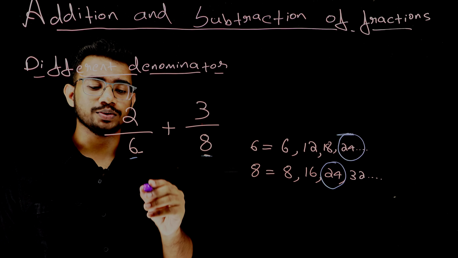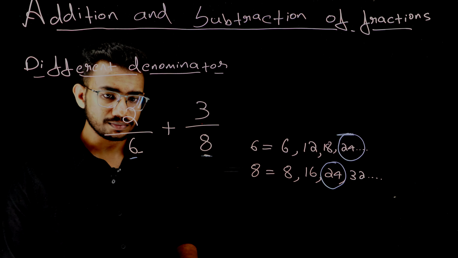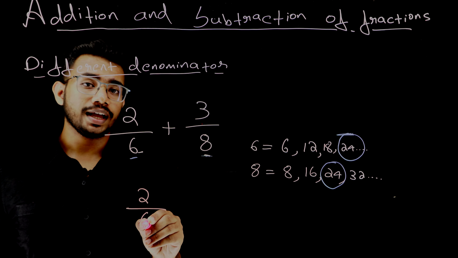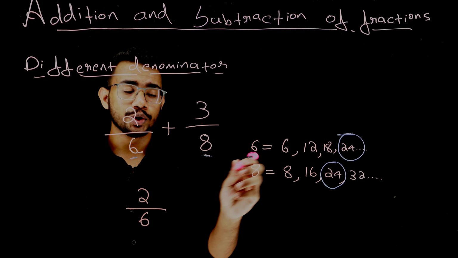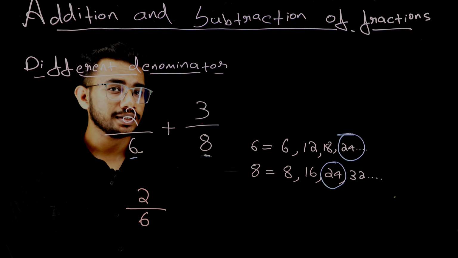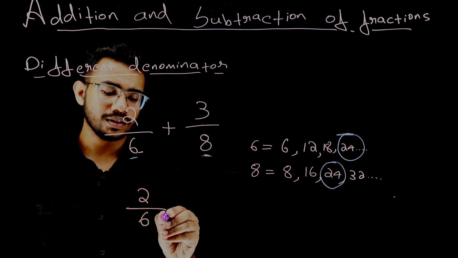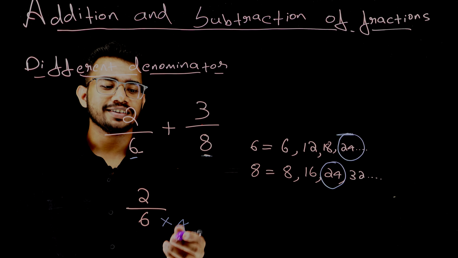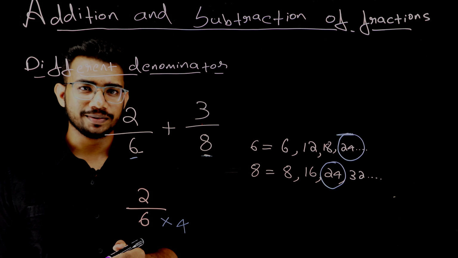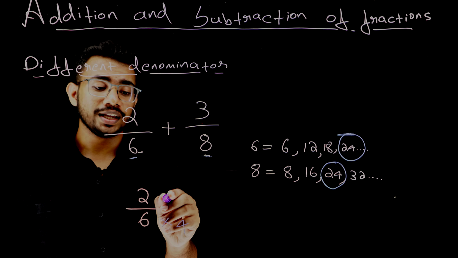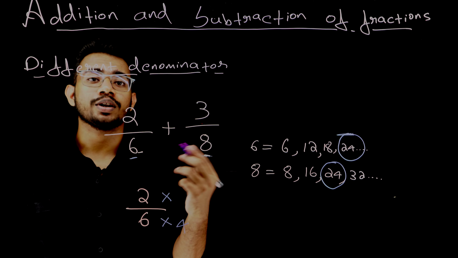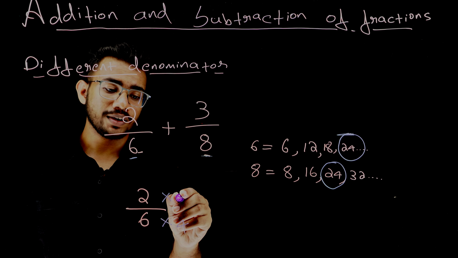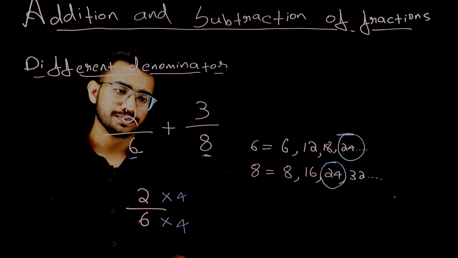So I have the fraction 2/6, and to convert the 6 into 24, I have to multiply it by 4. Now I can't just multiply only the denominator. I also have to multiply the numerator in order to get an equivalent fraction, so as not to change the value.